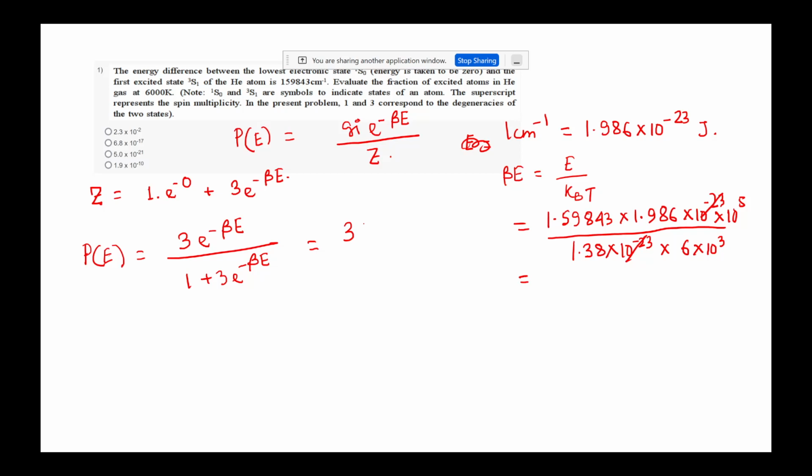It gives me 6.7086 into 10 to the power minus.